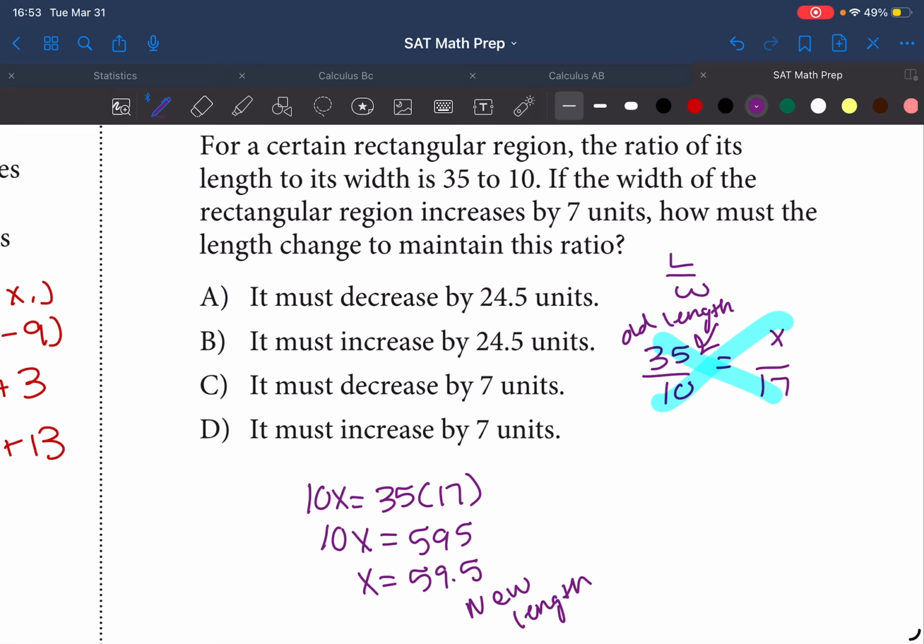Okay, so I'm going to do 59.5 minus 35. This is going to give me the difference between the two, which is 24.5. So right away I cross off C and D. And then in order to maintain the same ratio, it started at 35 and then went to 59.5, which means it increased by 24.5. So B is the answer.